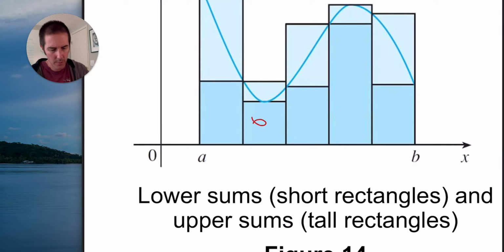I'm going to just talk about this rectangle for a second, and maybe more specifically this interval right here. Let's call this x sub 1, this x coordinate x sub 2, and this one x sub 1 star.